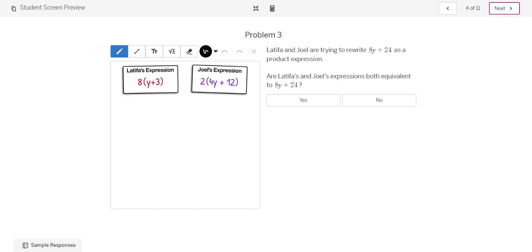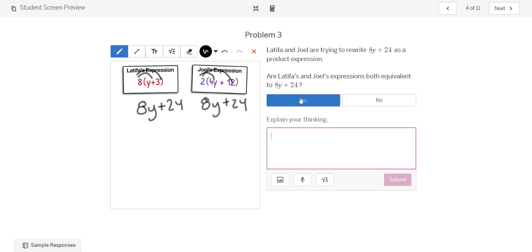Okay. Are these the same? I've got 8y and 24, so 8y plus 24. And here I've got 8y plus 24. Yeah, those are exactly the same.